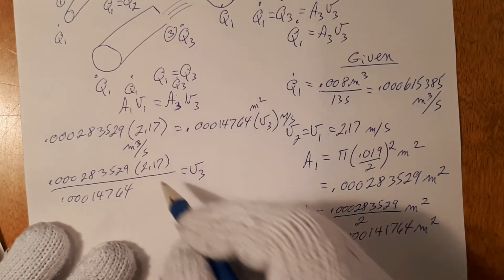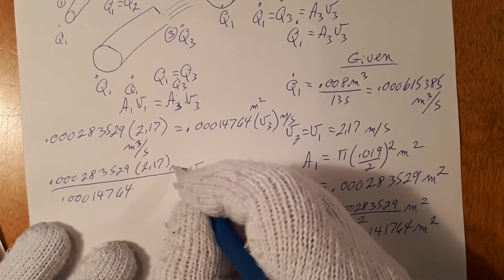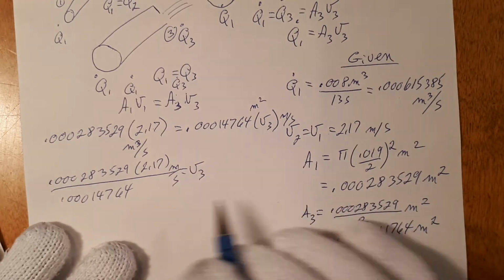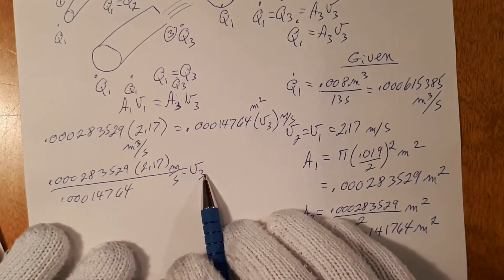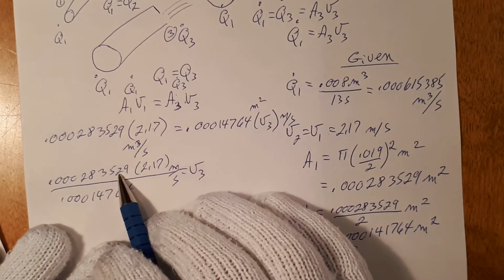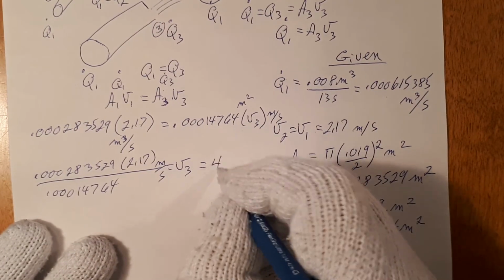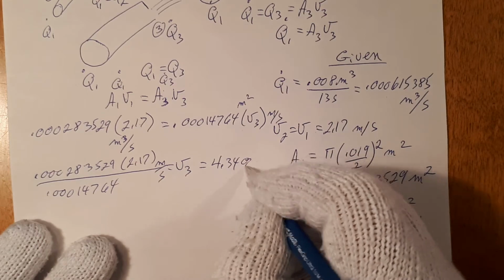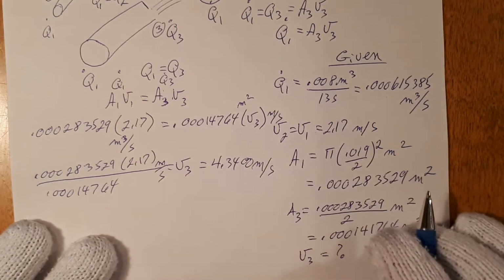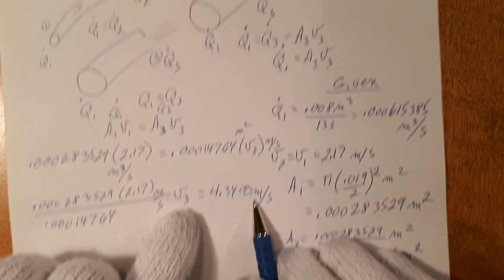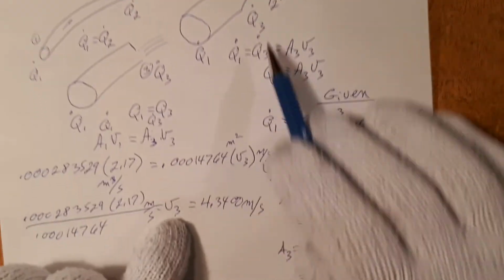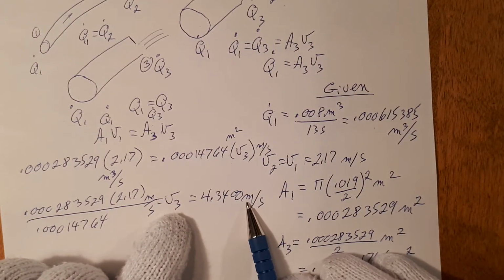If you want to work on the units, it'll come to meters per second. I'll leave that for you to do. Put in this number now in your calculator. The answer is 4.3400 meters per second. So the velocity at 3 here is 4.3 meters per second.